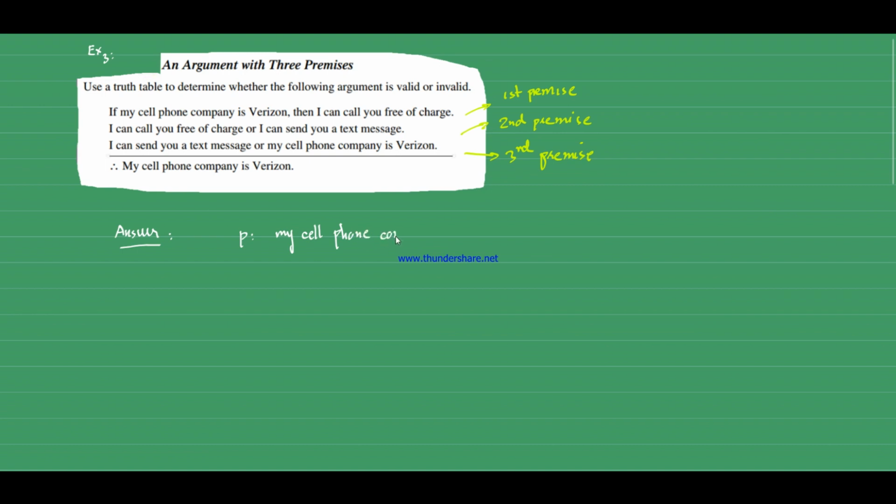Q, I can call you free of charge. And the third one, R, is I can send you a text message.